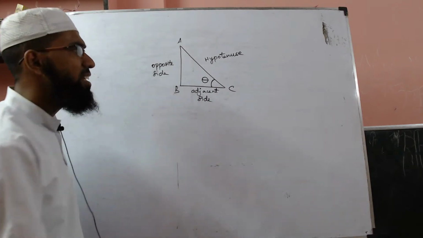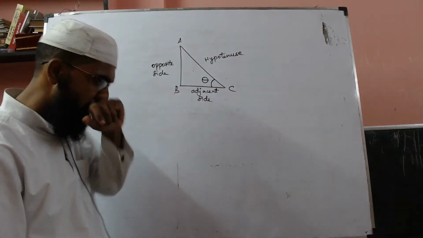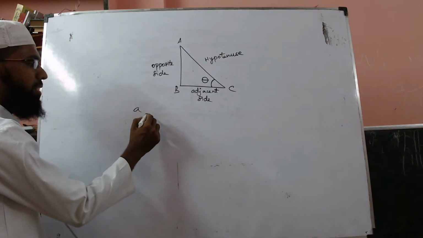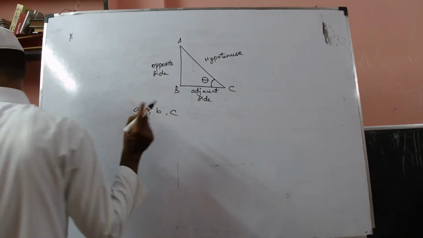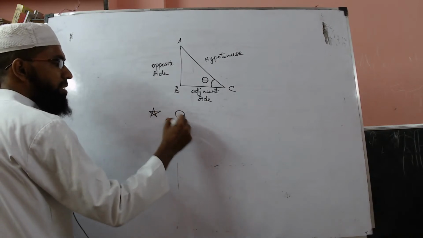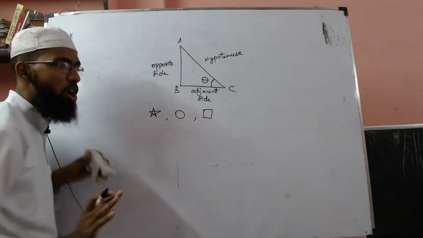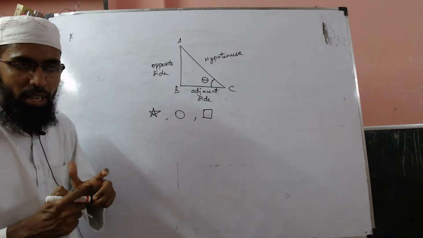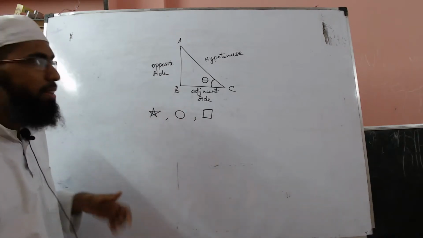Now listen, when we have three objects, let me take them as a star, a circle, and a box, instead of variables. Imagine there are three chocolates and two students.